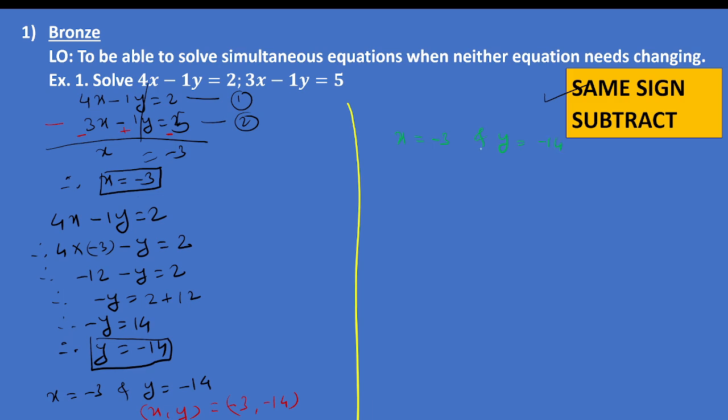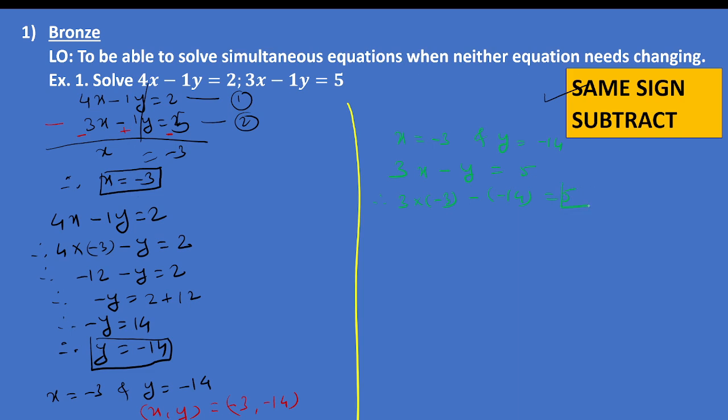So I'm going to use these values in any one of these equations. For instance, I'm going to take the second equation, which is 3x minus y equals to 5.